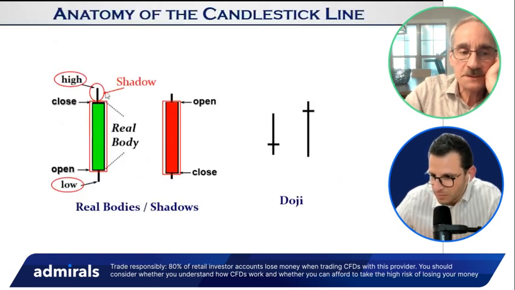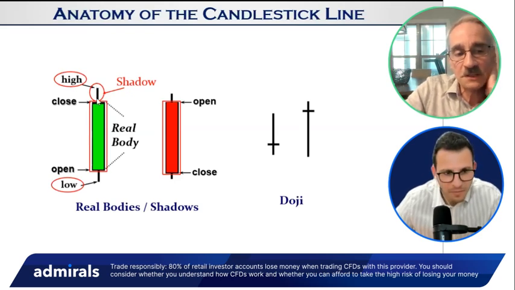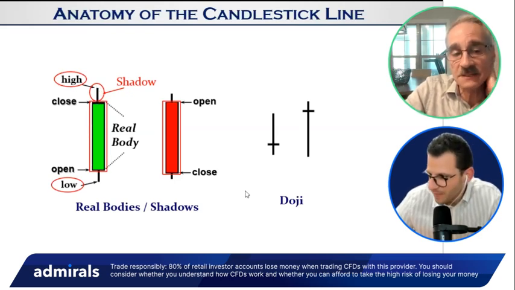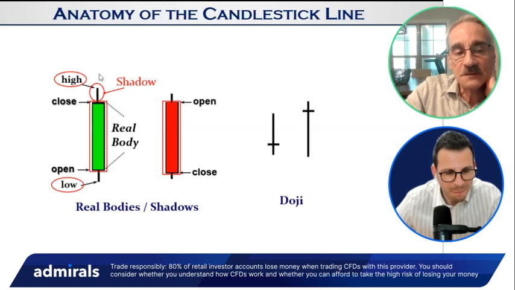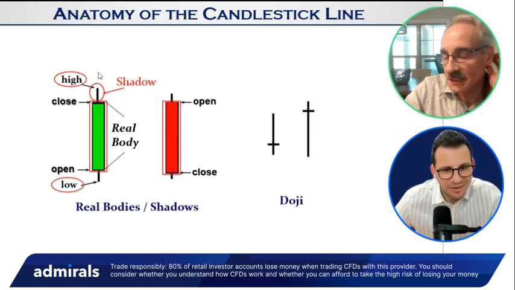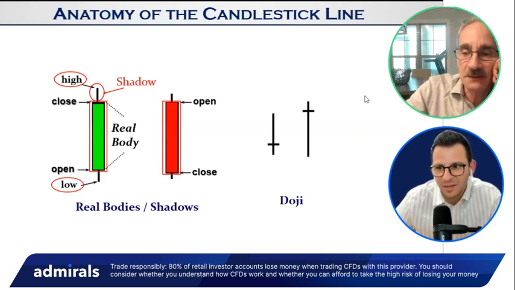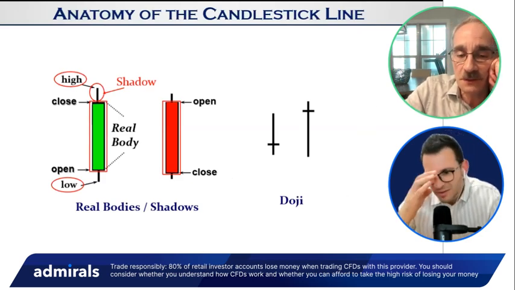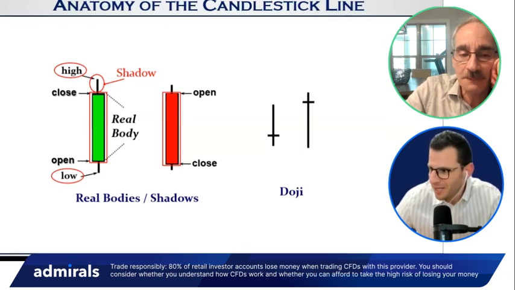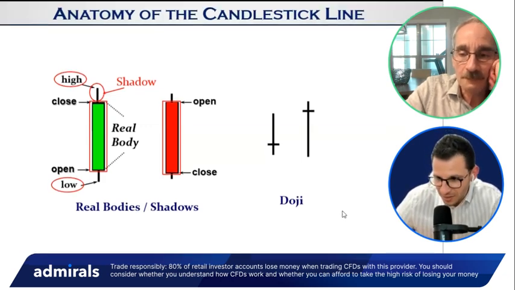I'm thinking they may be referring to the shadows. If that's the case, you could use the shadows to see if the market's rejecting higher or lower prices, like a shooting star. I don't have it here, but a shooting star has a long upper shadow, so it's rejecting higher prices. I'm not exactly sure what they mean by that. Okay, I hope we answered the question.